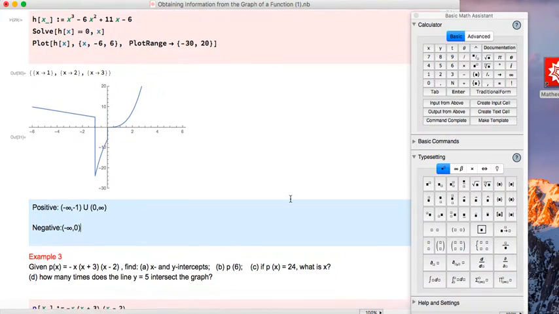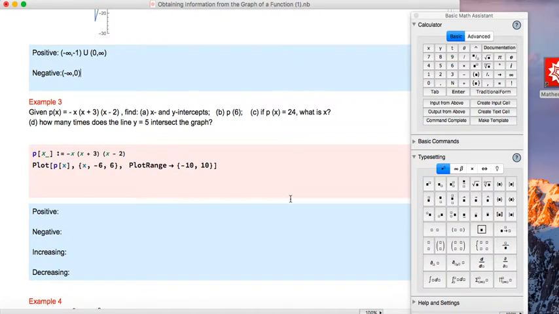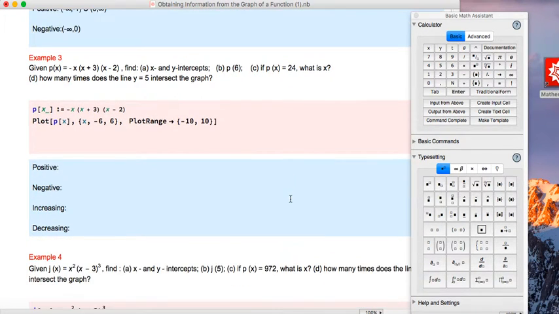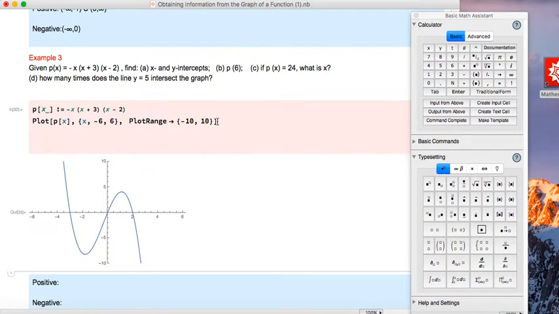Okay, so now let's try number 3. Given p(x) is negative x times x plus 3 times x minus 2, find the x and y intercepts. Let's find the x-intercepts first. According to this graph, we can say the x-intercepts are negative 3, 0, and 2.